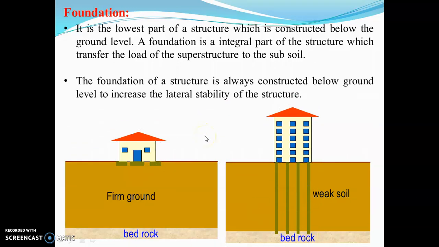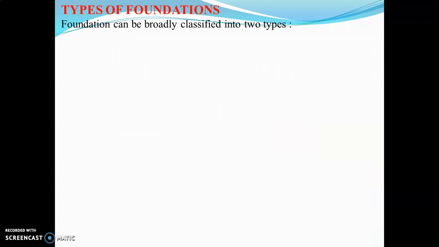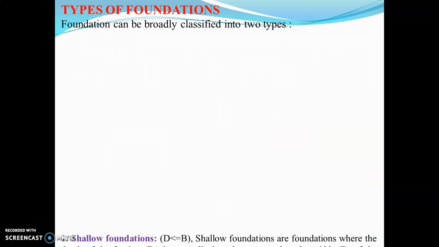The foundation of a structure is always constructed below ground level to increase the lateral stability of the structure. Mainly there are two types of foundations.